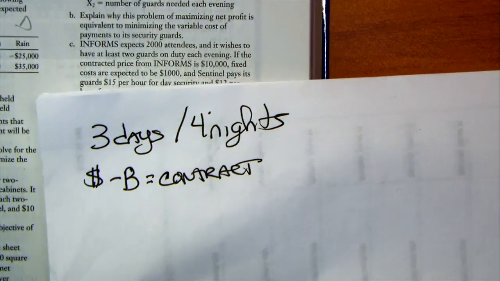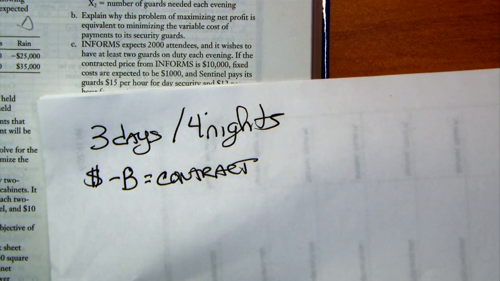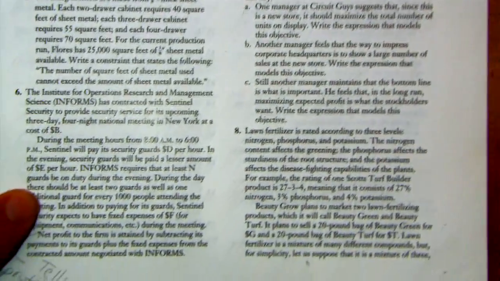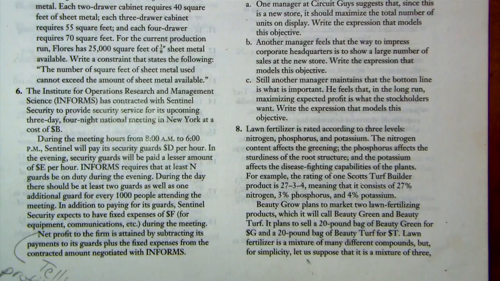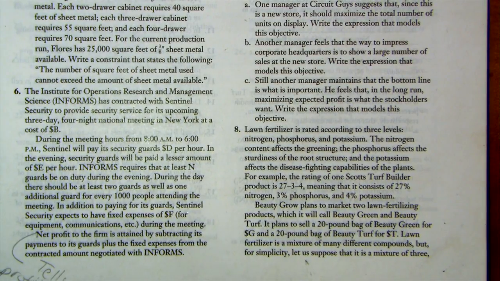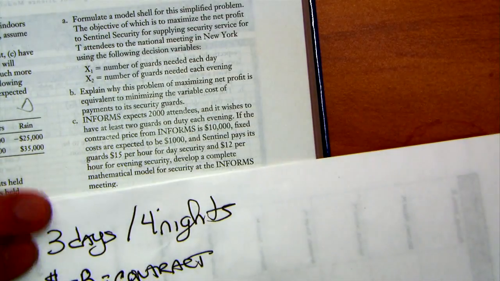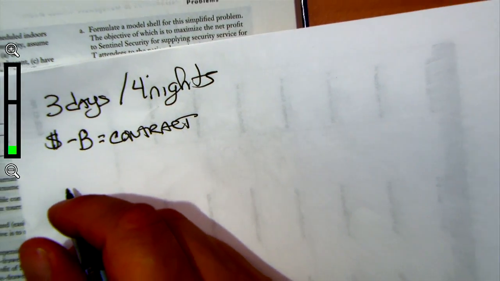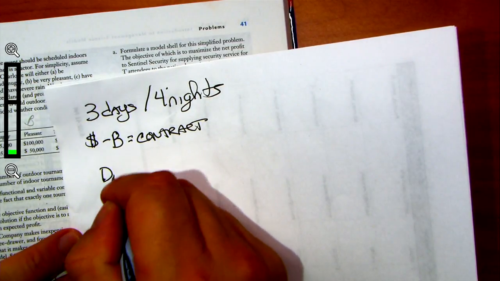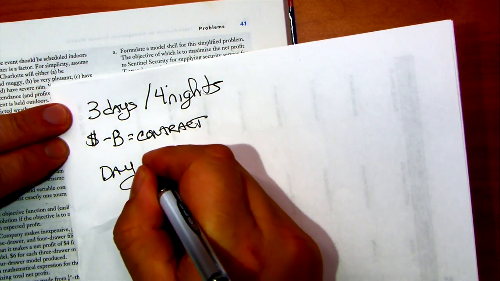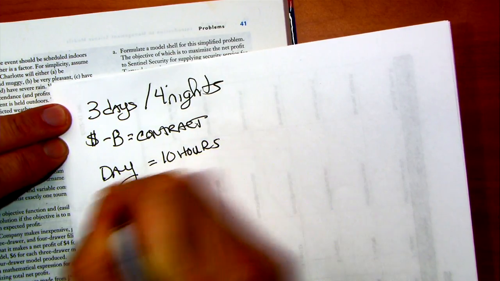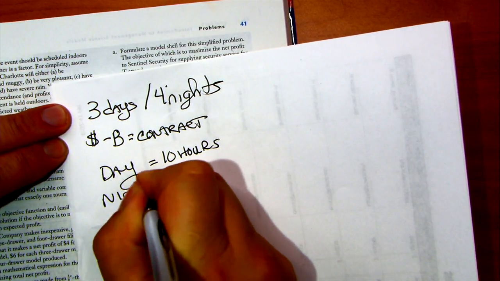It says during the meeting from 8 a.m. to 6 p.m. Sentinel will pay its security guards $D per hour. So the day appears to be 8 to 6, that's 10 hours, and the night then would be 14 hours.